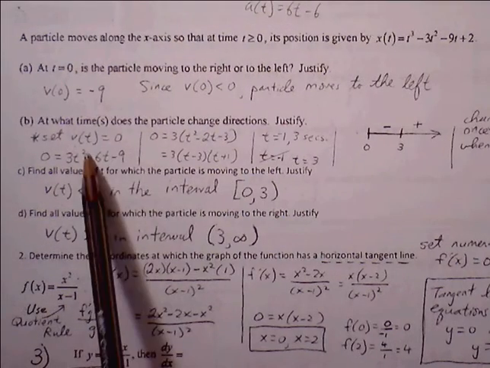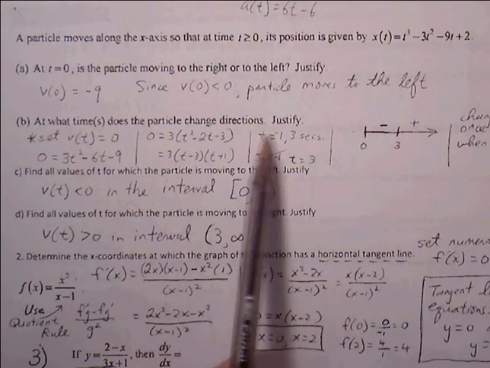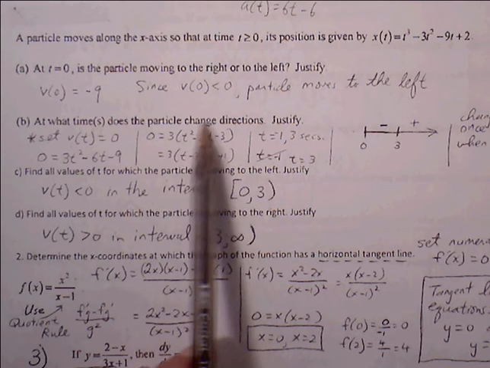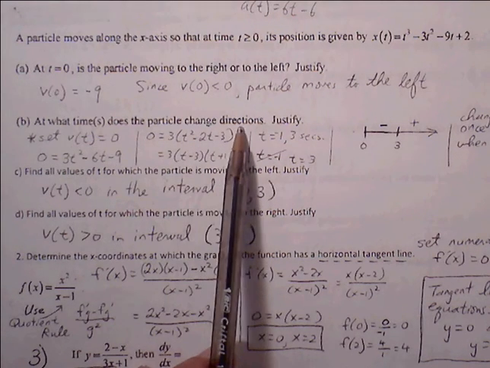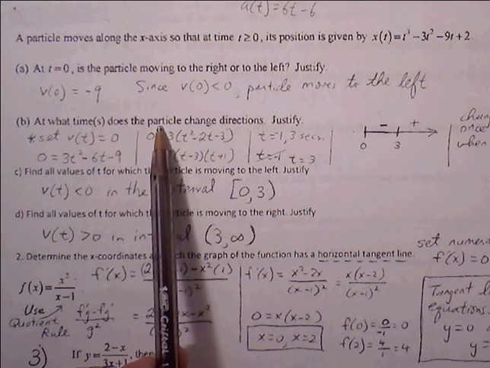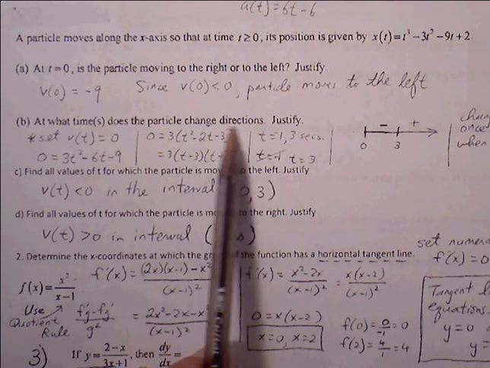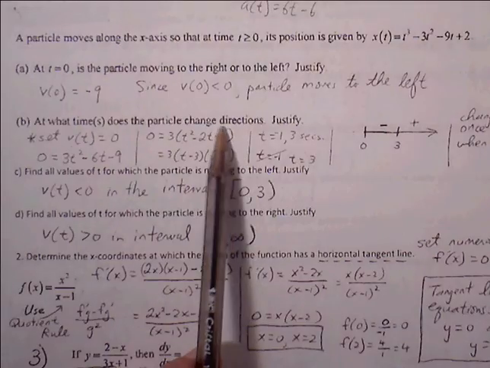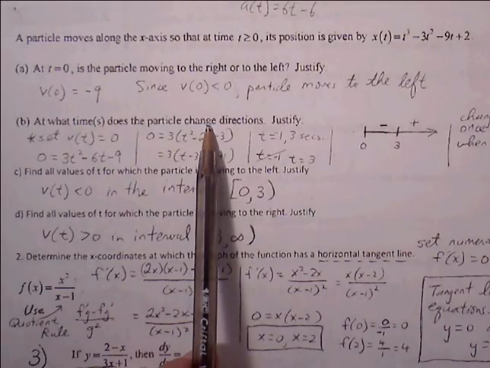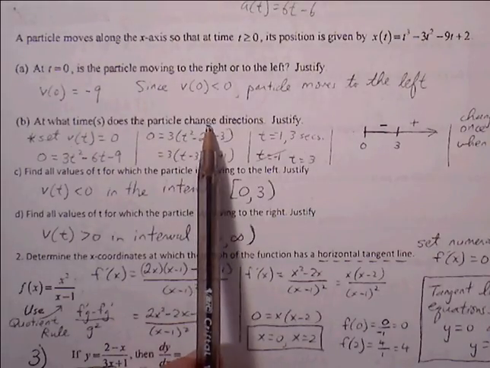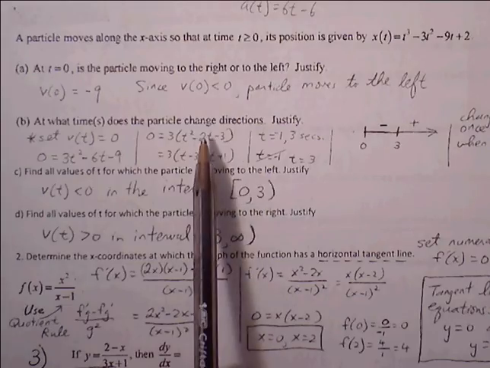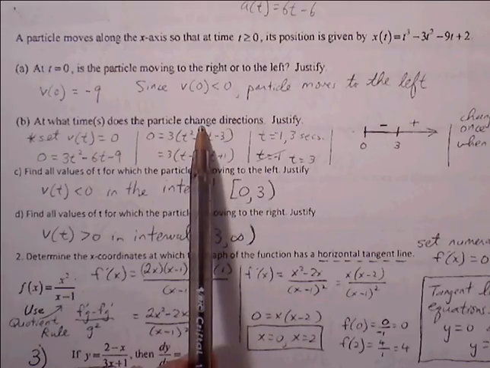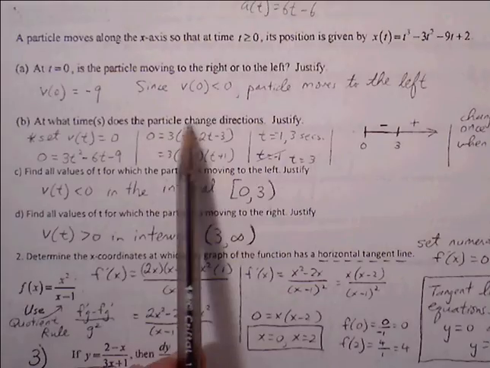Part B, at what time does the particle change direction? So changing direction is a two-step process. We first need to identify where the velocity is 0, or where the particle is at rest, because then we're going to have some potential values that we can test to decide whether there's a change in sign.